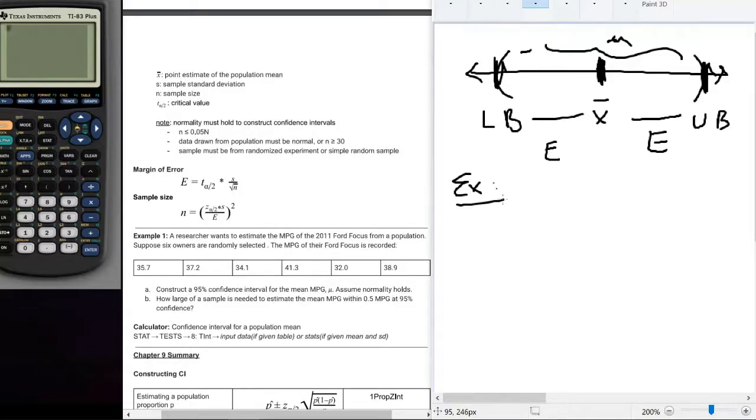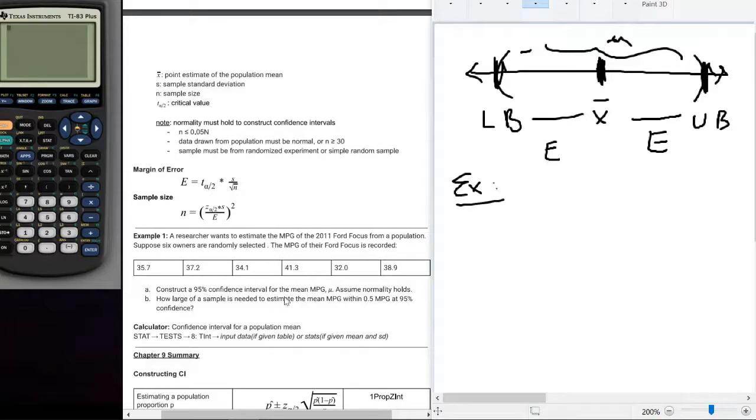Once again, it's time consuming and very expensive to take every single 2011 Ford Focus from the population, so instead what we'll do is take a sample. Suppose 6 owners are randomly selected. The miles per gallon for their Ford Focus is recorded. And here we have some nice data with their miles per gallon. Construct a 95% confidence interval for the mean miles per gallon.